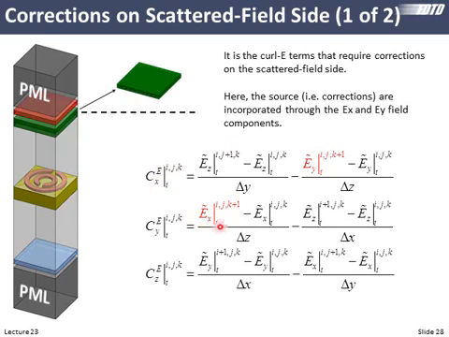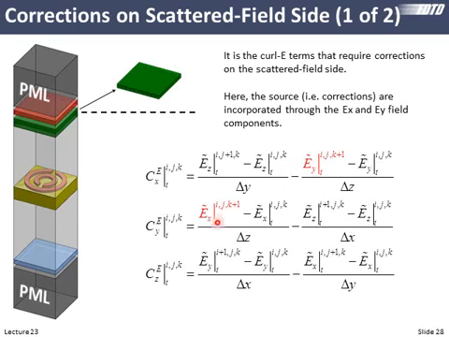Here's another term that reaches to the total field side of the interface, so the y component of curl has problems. But notice the z component of curl only uses x and y components of E, only x and y derivatives, and so this does not reach to the other side of the interface. So there are no corrections to the z component of curl. We'll only be incorporating corrections to the x and y components of curl, and only these 2 terms.